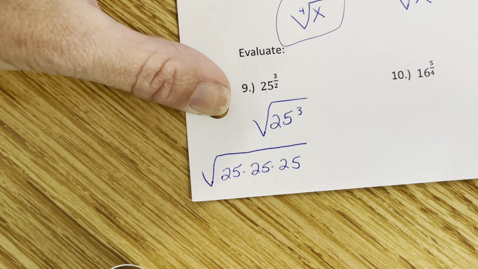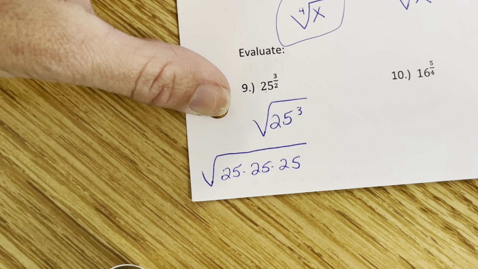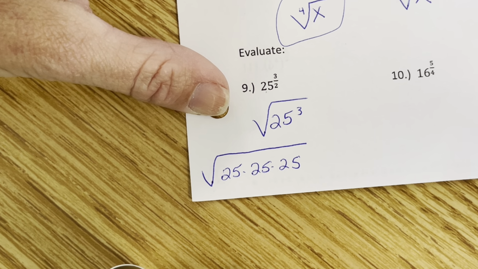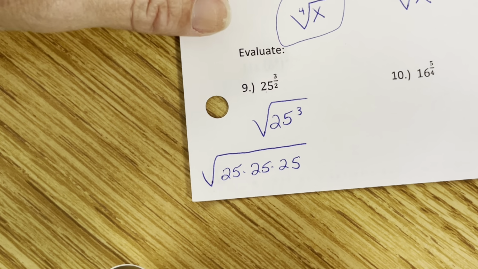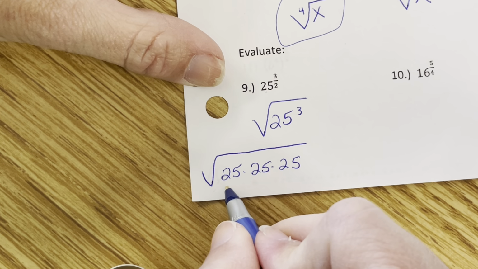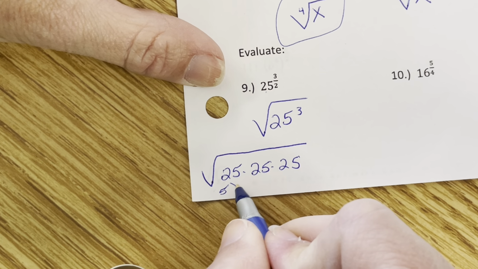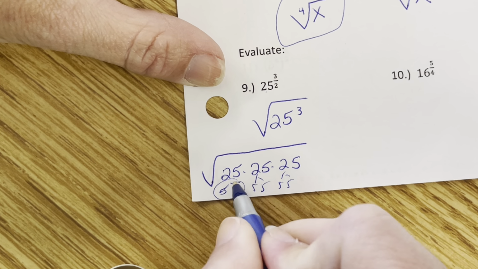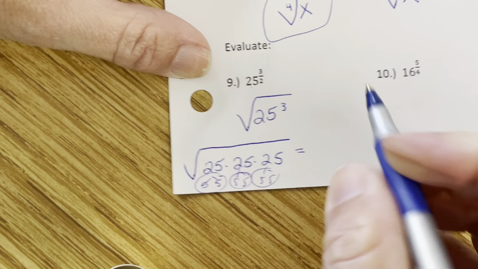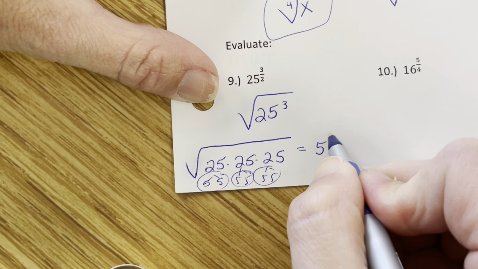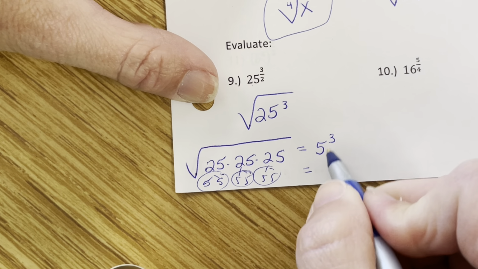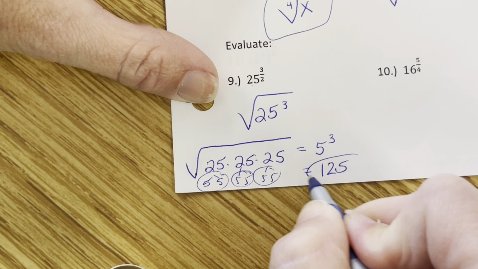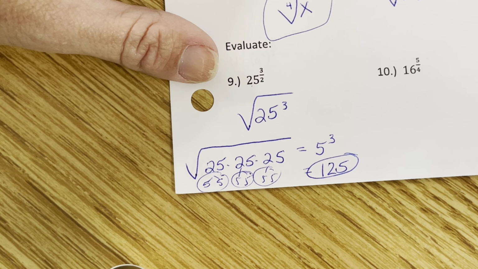I don't want to multiply that all out, but I do want to realize I have a lot of pairs that can come out. So I can reduce this a lot like I reduced square roots in all of our previous lessons. So this is a 5 times 5 and a 5 times 5 and a 5 times 5. Pair, a pair, a pair. So how many 5s come out? 5 to the third, or 5 to the third is 125. That's my final answer.